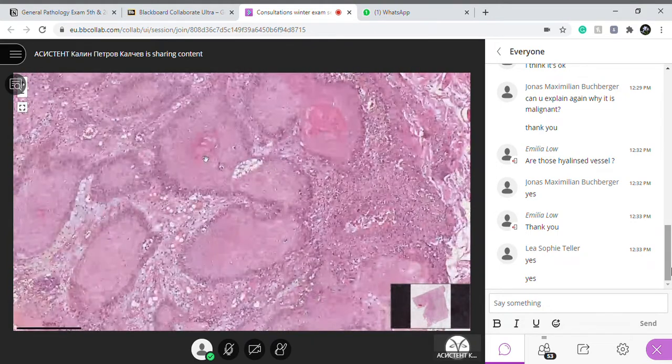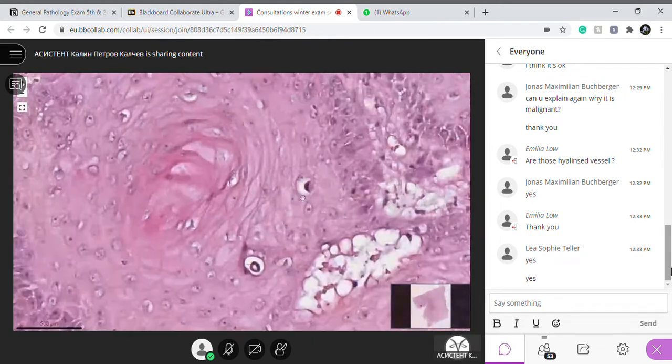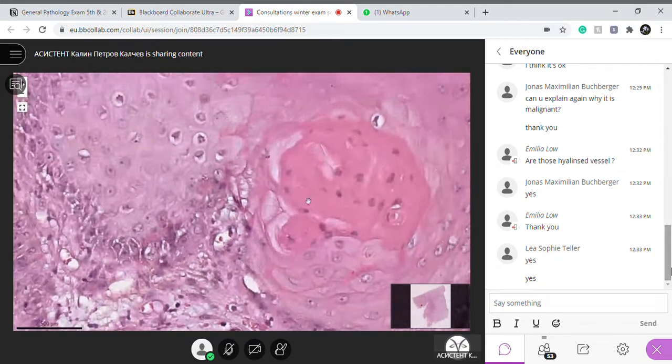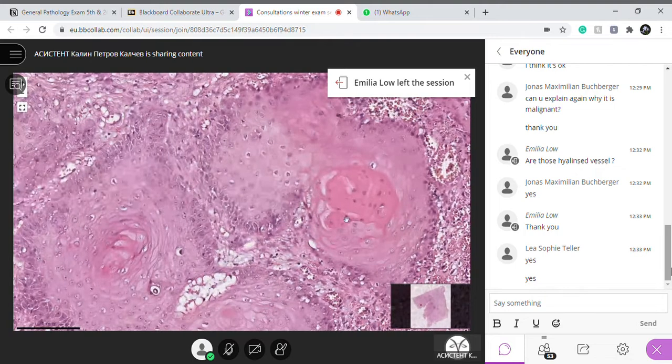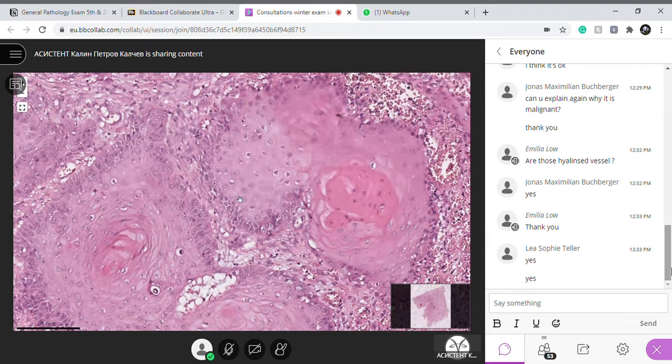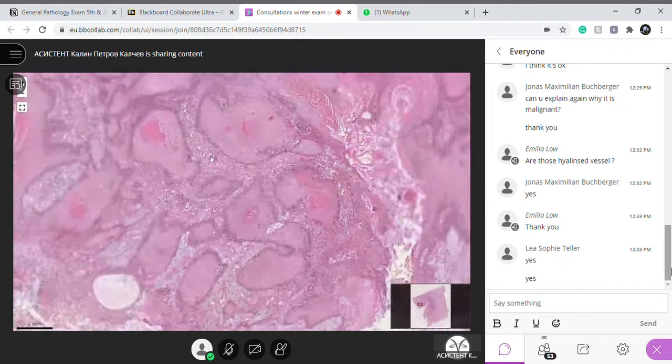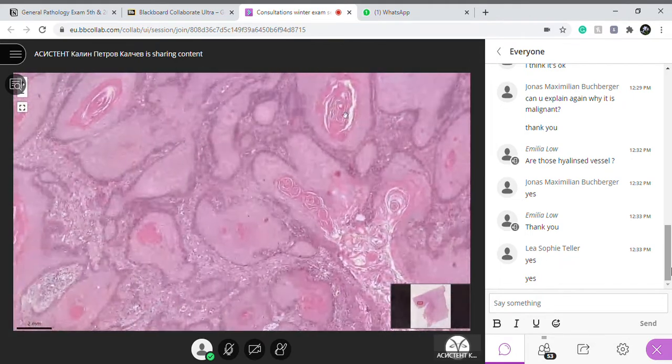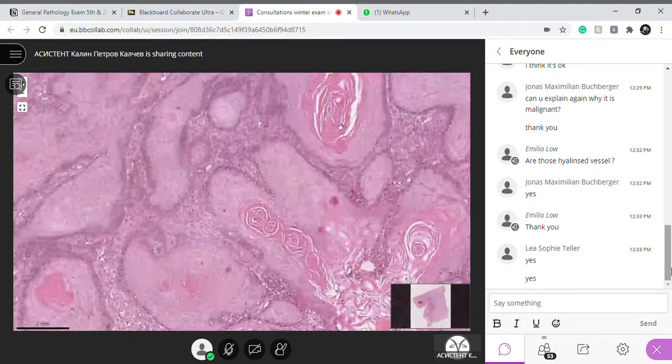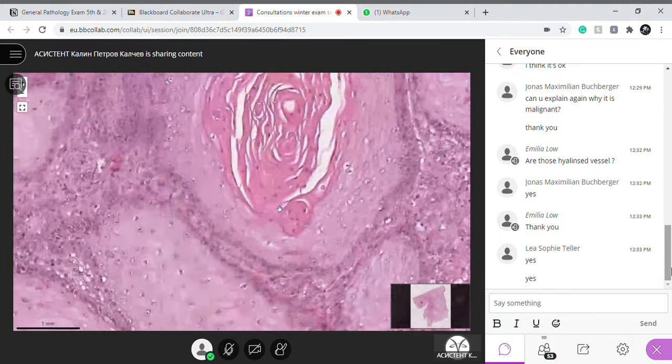In some areas, they mature and even form keratin, like here, but still there is no granular cell layer, so there is some impairment in this maturation. In some areas, they make abundant keratin production, but still no granular cells.